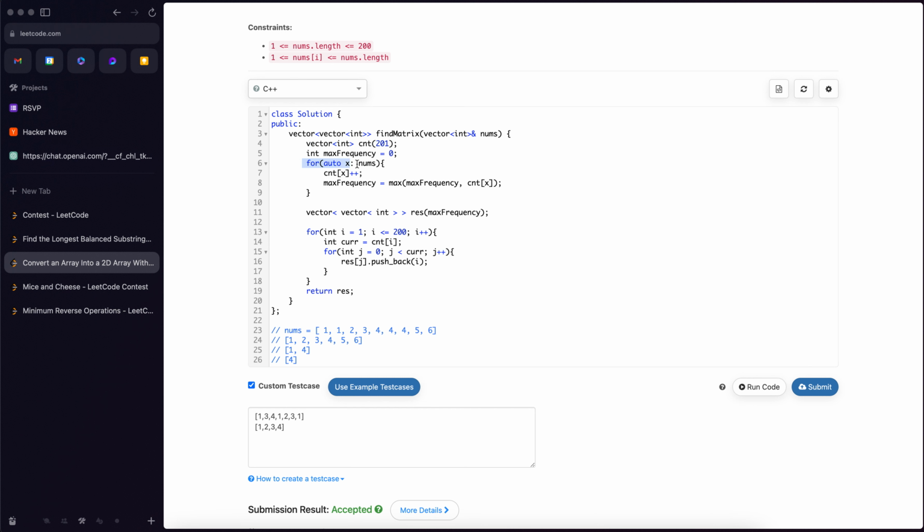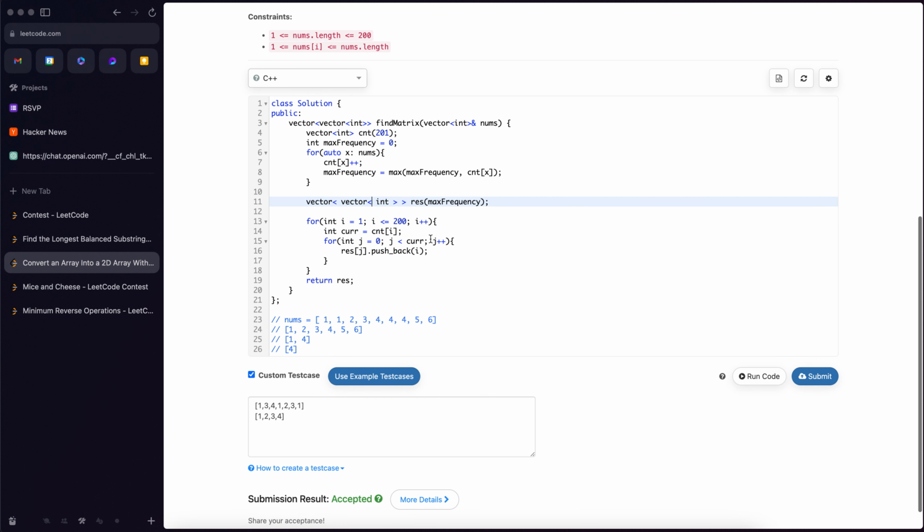Now I iterated in the input and increased the count of all the elements, and I basically calculated the max frequency. So from this, what I got is the maximum frequency of any given element. Why this was necessary, so that I can define my answer as the final 2D array. So how many rows will be there, this max frequency, right?